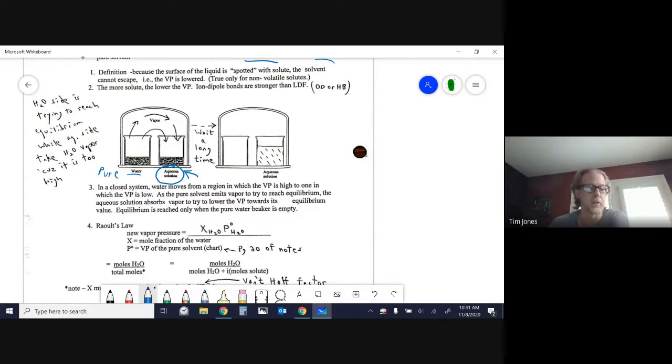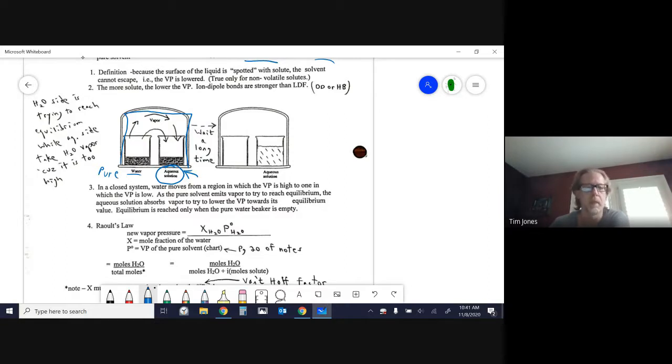Let's say this is a solution of something. So we could do salt water. You would think if you put this in a closed system, meaning can't interact with the environment, that the water in the left beaker would stay as it is, and you would think that the solution would stay as it is, but it doesn't.